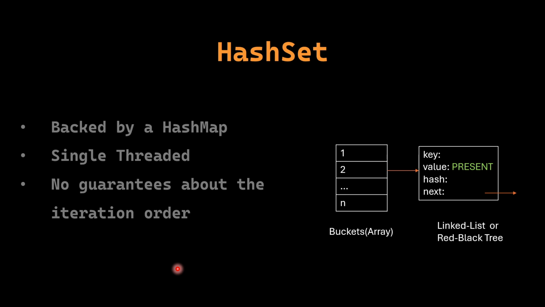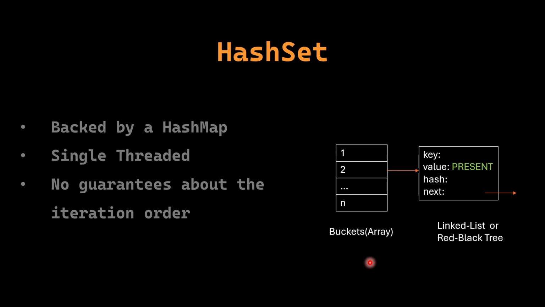The order is determined by the hash codes of the elements and the current capacity of the backing HashMap. This is a crucial point to remember. Never depend on HashSet iteration order in your application logic.